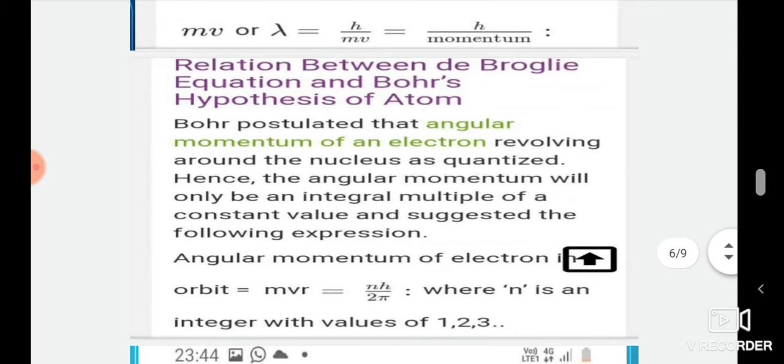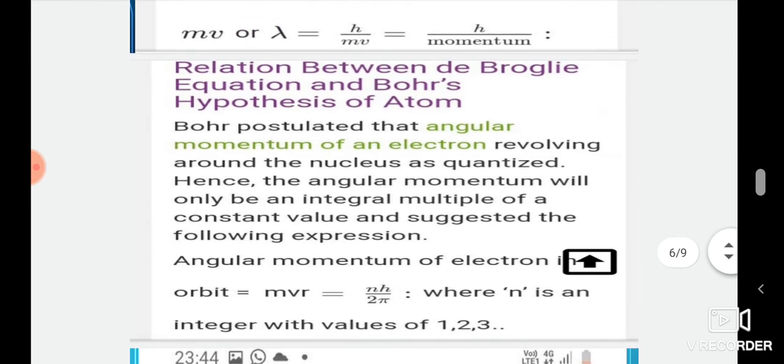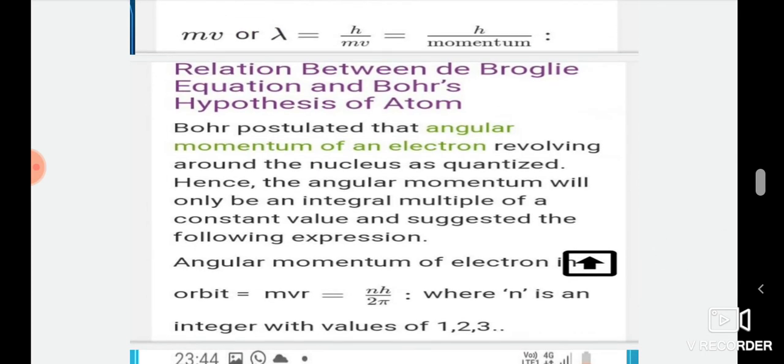We know that Bohr postulated that the angular momentum of an electron revolving around the nucleus is quantized, meaning only those electrons can move in circles which have angular momentum that is an integral multiple, n lambda.